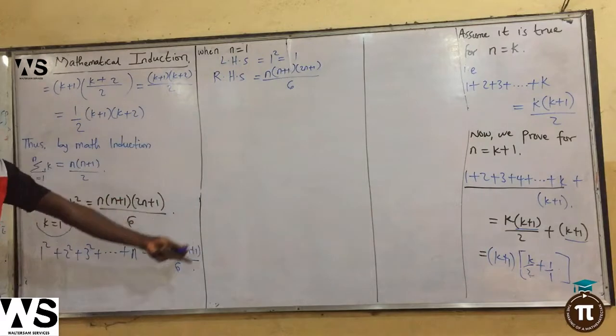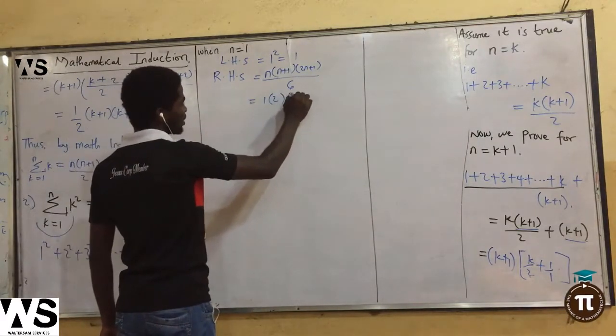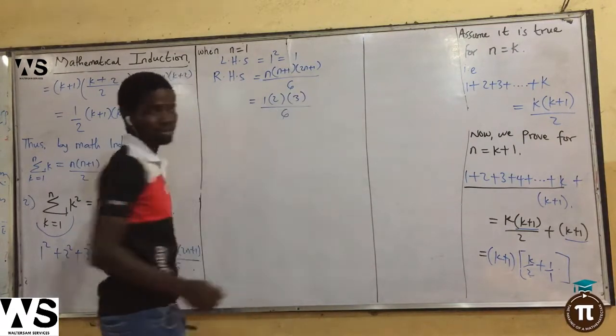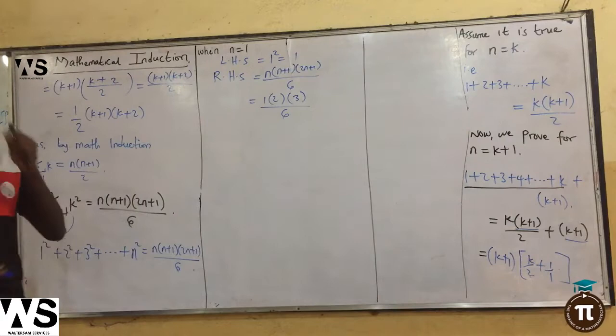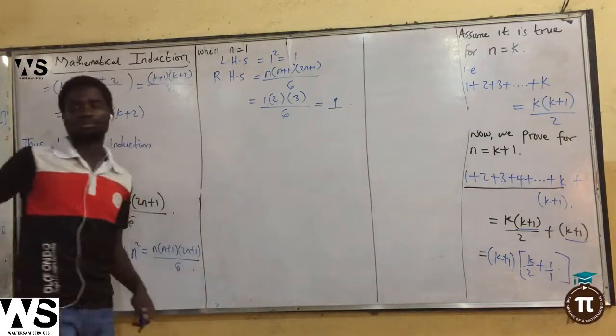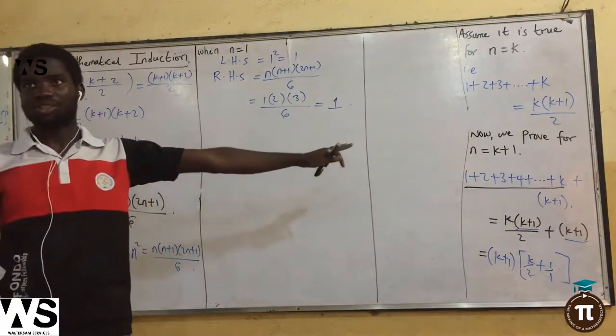You will put 1 here. What do you have? 1, 2, 6. Sorry, 3. Do you understand what I'm doing? Good. Then this will be equal to 1. And that's the answer. Do you understand?